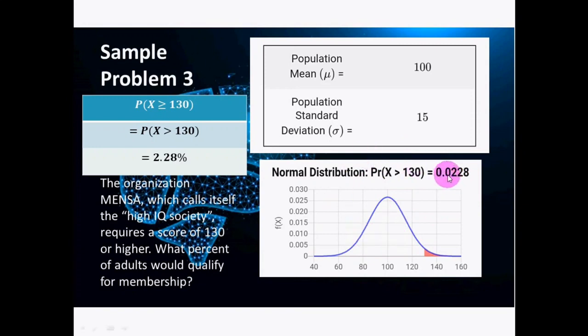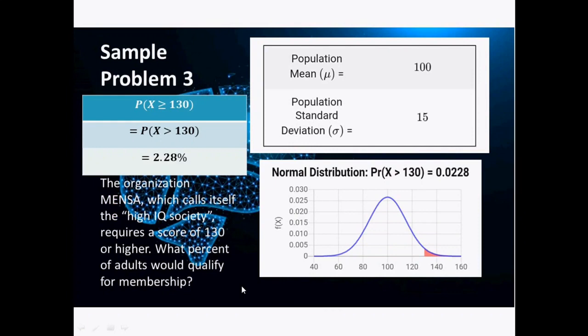Or if we convert that to percentage, we have 2.28%. So since the question here is what percent of adults would qualify for membership, the answer is only 2.28% of the adults would qualify for membership to this organization called Mensa, which calls itself the High IQ Society.